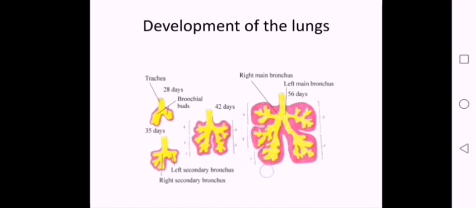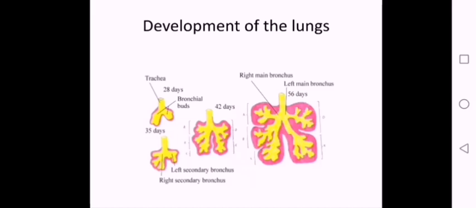As this occurs, the surrounding mesenchyme also divides and forms the bronchopulmonary segments. By week 24, approximately 17 orders of branches have formed, and thus respiratory bronchioles have developed.